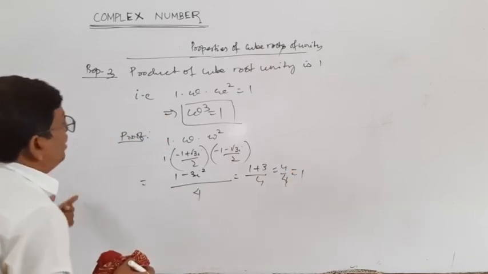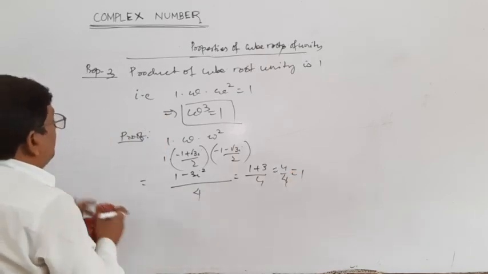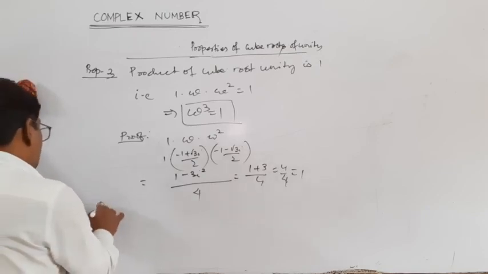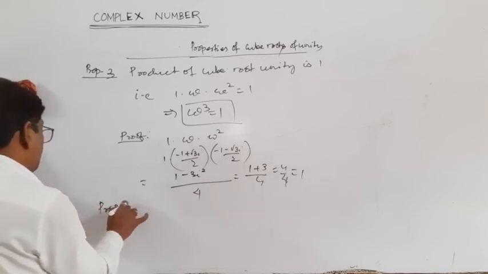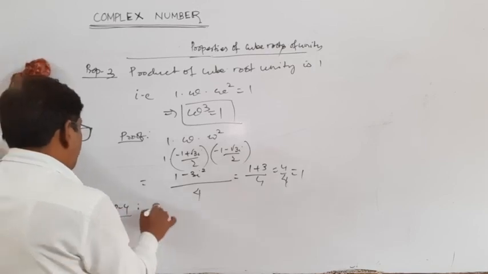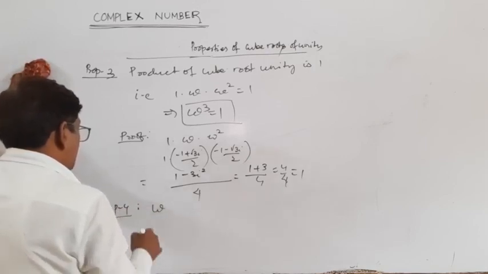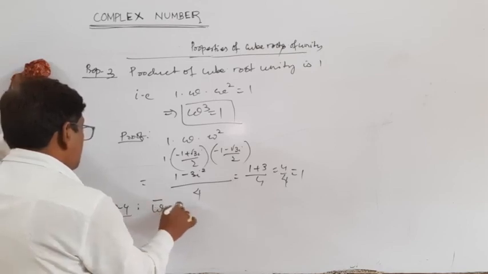Now the properties involving higher integral powers of omega. Property 4: the modulus of the conjugate of omega is equal to omega square.